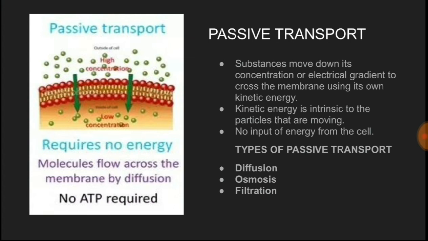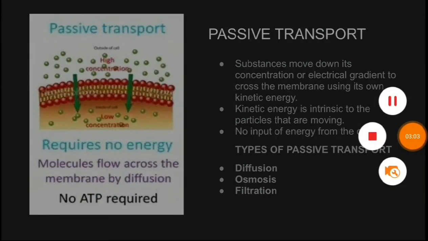So passive transport is the movement of substances across its concentration or electrical gradient. Concentration refers to higher or lower concentrations, that is, the amount of the substance present. Electrical gradient refers to the ions present. The electrical gradient is the difference from higher ion concentration to lower ion concentration.